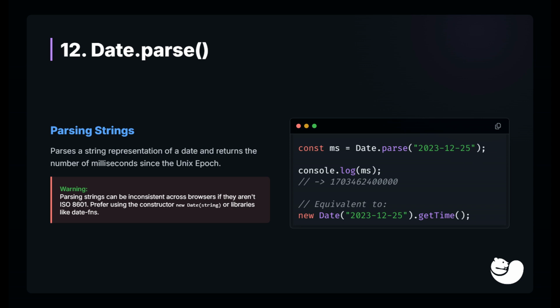Because of this inconsistency, relying on Date.parse for user-generated input is risky. For robust applications, it is often safer to parse the string manually if you know the format, or simply pass the string directly into the new Date constructor, which handles standard formats more gracefully. Or, for complex parsing needs, lean on established libraries like date-fns.